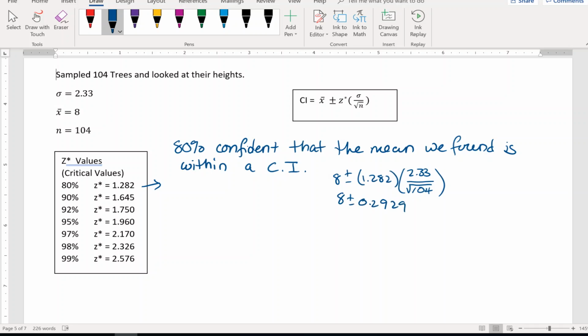So we can say with 80% confidence that our mean is actually between 7.7071 and 8.2929. So 80% confidence that our mean is between this range.